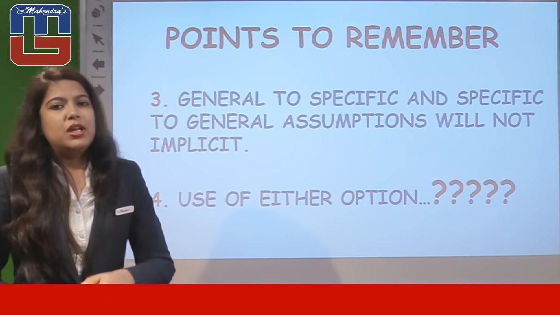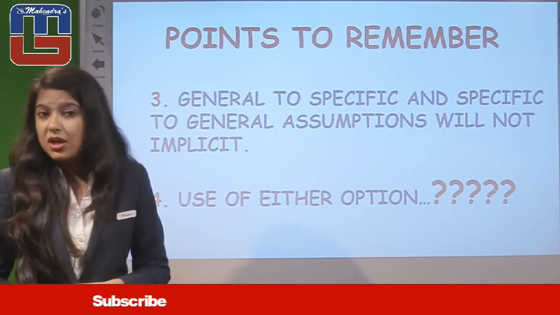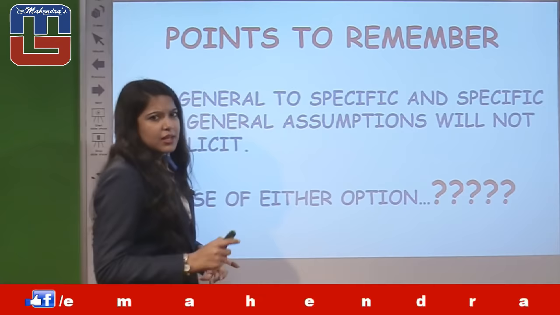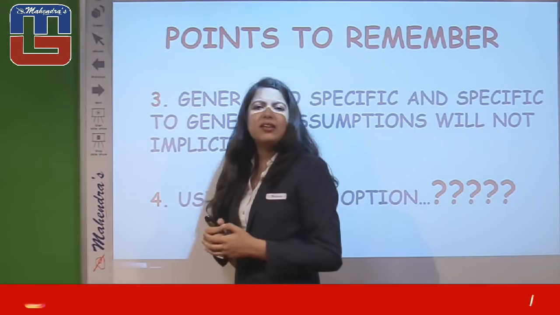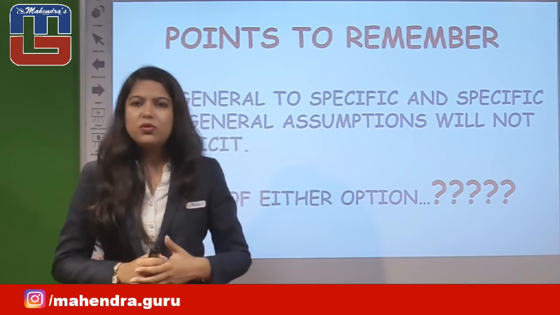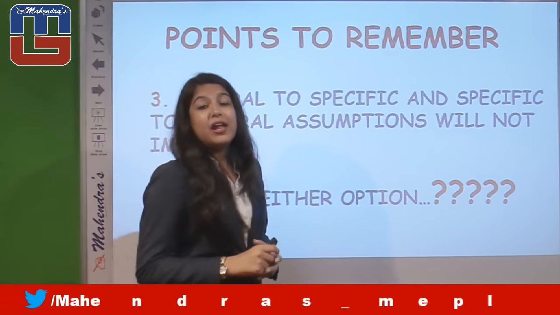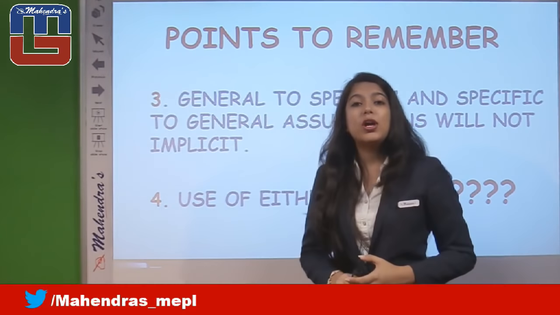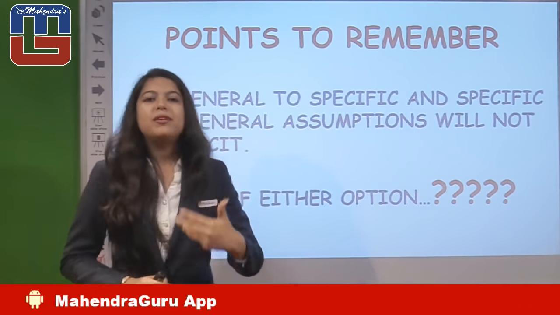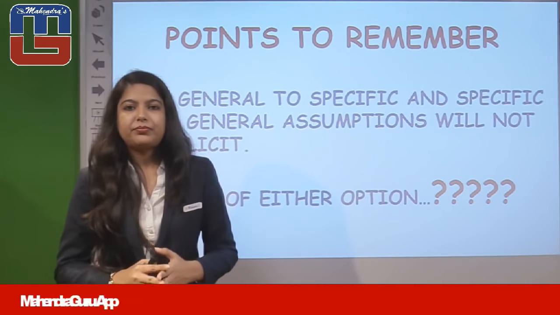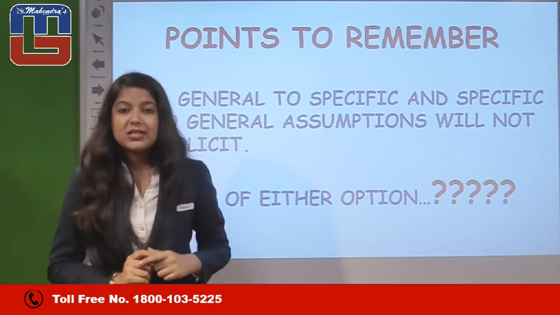Third point. General to specific and specific to general assumptions will not be implicit. That means, a board at any theatre. We go to watch movies, frequently or often, that is your wish, right? The thing is, if I am talking about a theatre hall or a screen or a plex where we have gone to watch a movie, there we see an exit board, right?